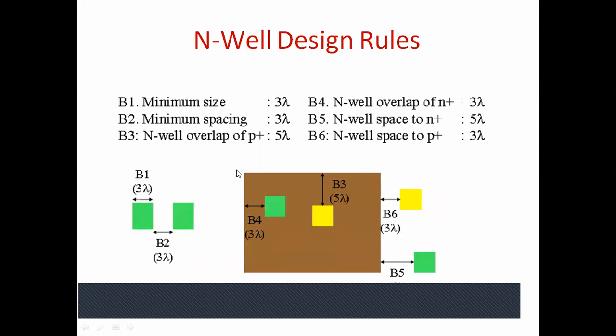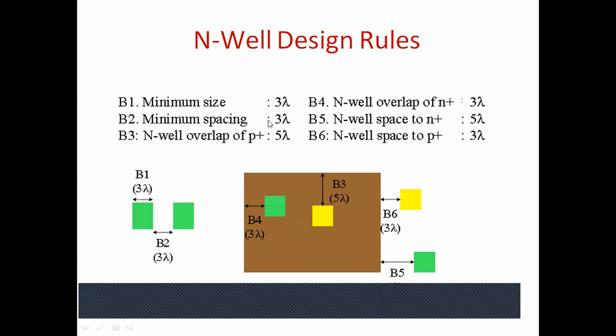Okay. Now we have to put the contacts, right? So what are those contact rules? B1 is this. This one contact. B1 is 3 lambda, and there has to be a separation of 3 lambda, right?